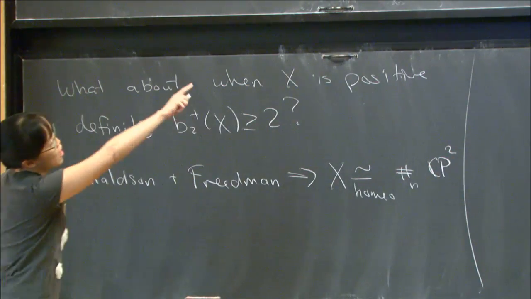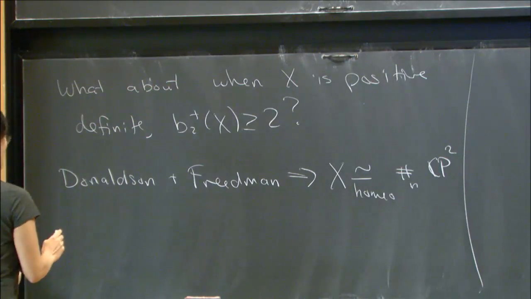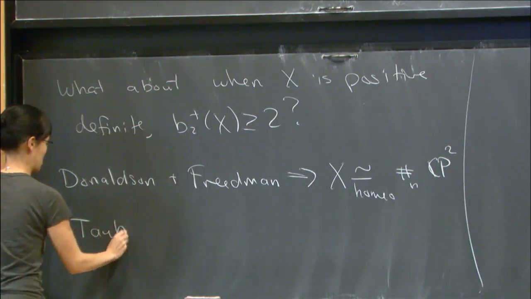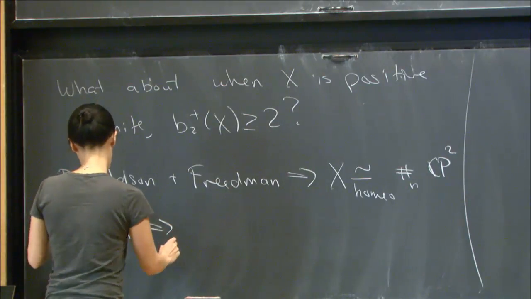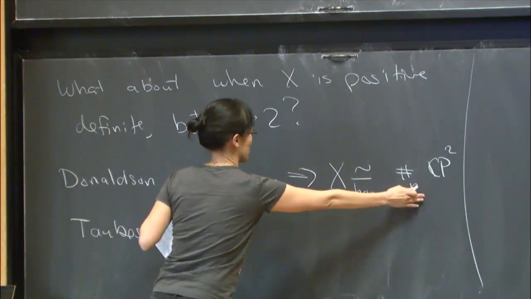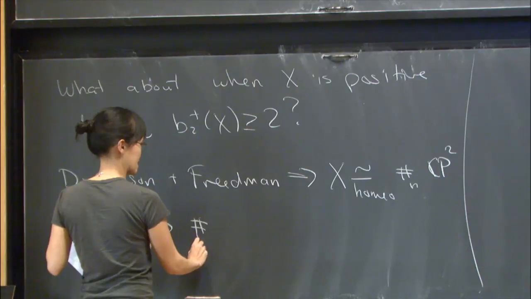And then again, we can apply Taubes's work to tell us that this can't be symplectic when n is at least 2.